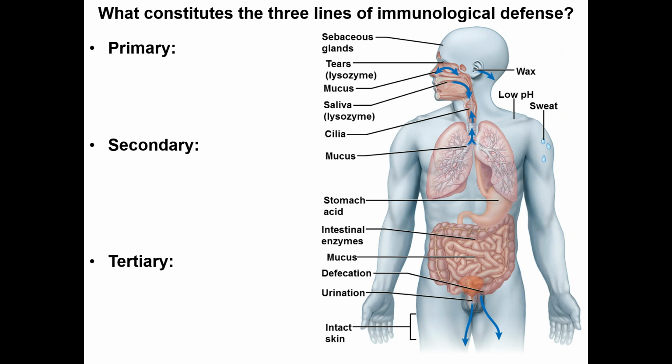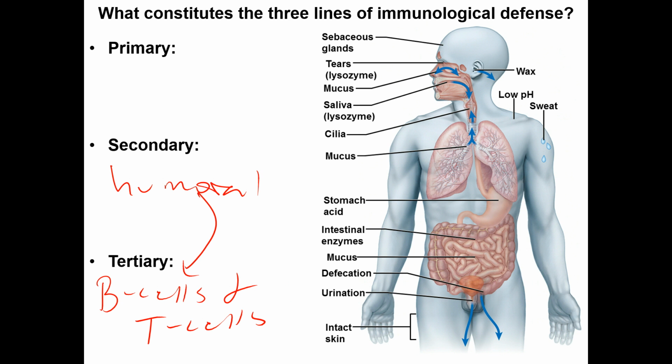Your tertiary barrier is going to be your lymphocytes. In this case, your lymphocytes are going to comprise your B cells and your T cells. So we're talking about humoral and cell-mediated immunity in terms of your T cells.